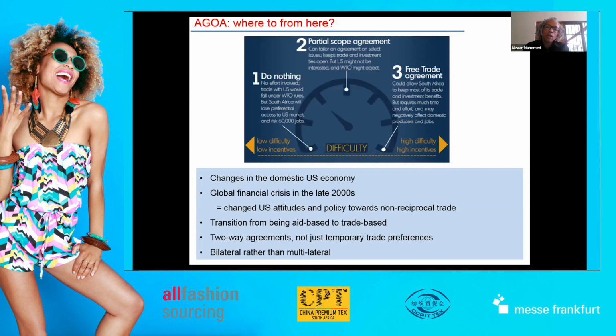And it's utilizing that we are beginning to look at alternatives, for instance, to the Chinese market, possibly alternatives also to the USA market once AGOA ends, or once we lose some of the preferential agreements around it.